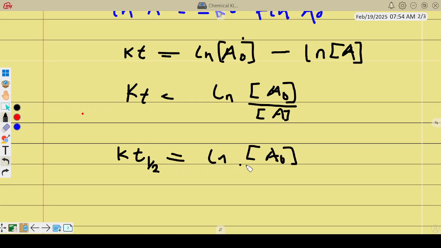We'll have a naught over, while there is an a for the half time now, while there is this a, we simply put a naught divide by 2. So this divide by 2 simply means it's times 1 over 2. A times 1 over 2 is a over 2. So at this point we can simplify.